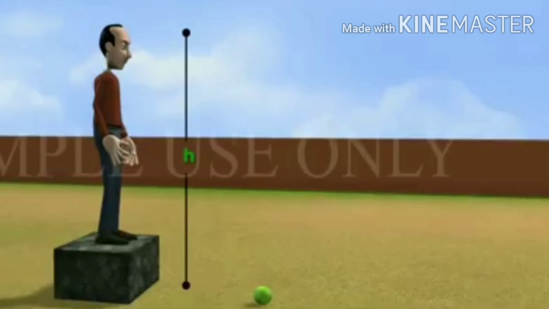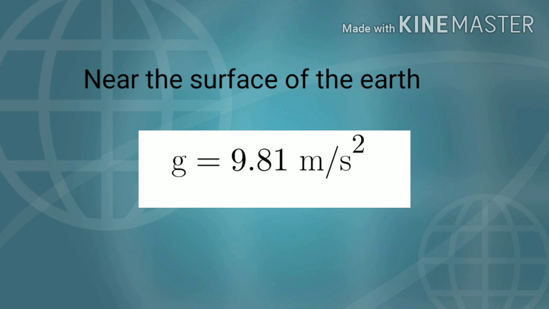This motion of a body falling towards the earth from a small height h is called free fall. The acceleration with which a body falls is called acceleration due to gravity and is denoted by g. Near the surface of the earth, g equal to 9.8 meter per second square.